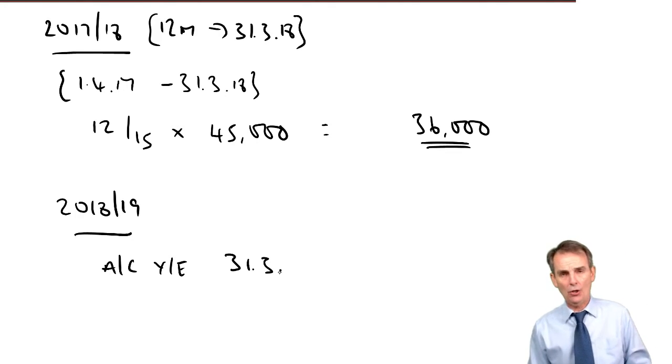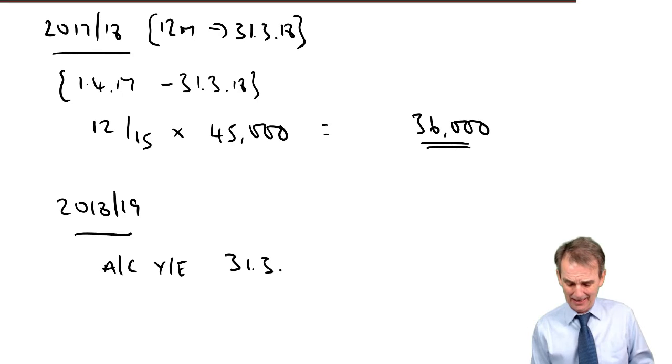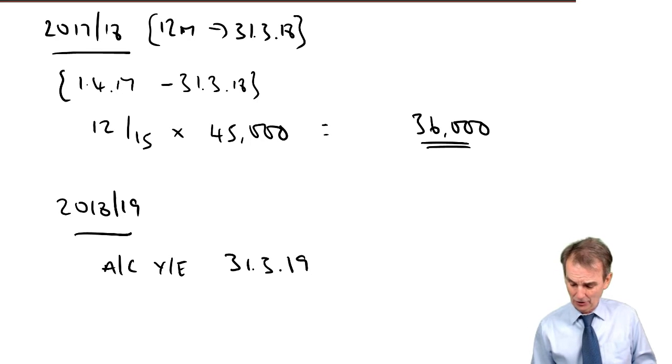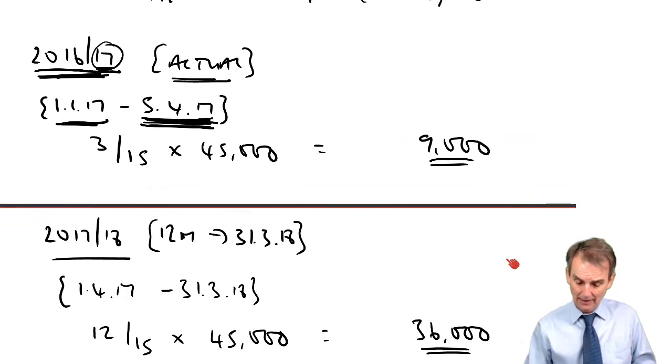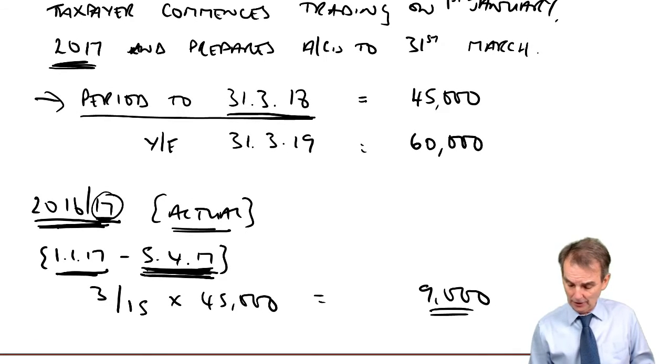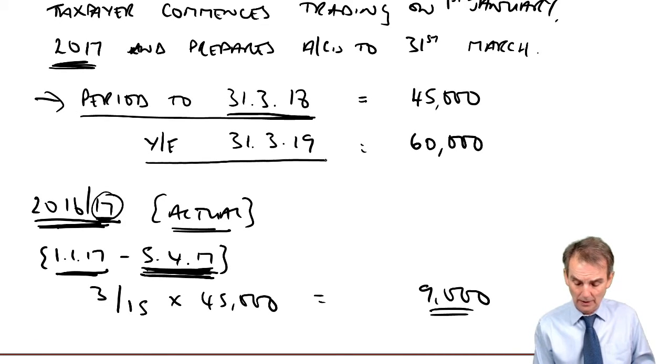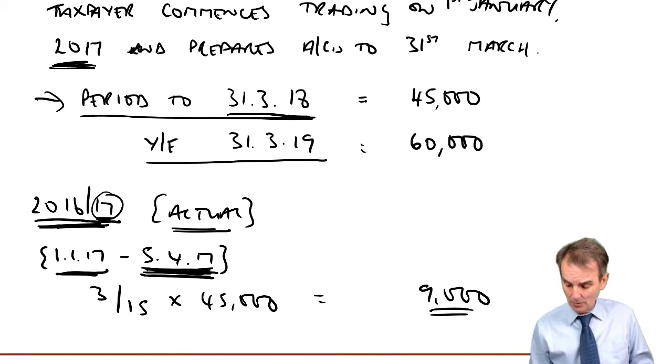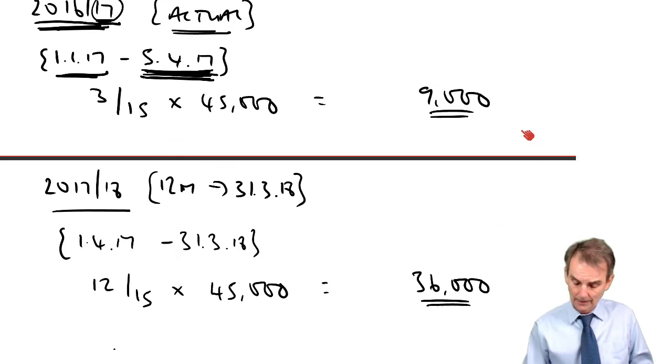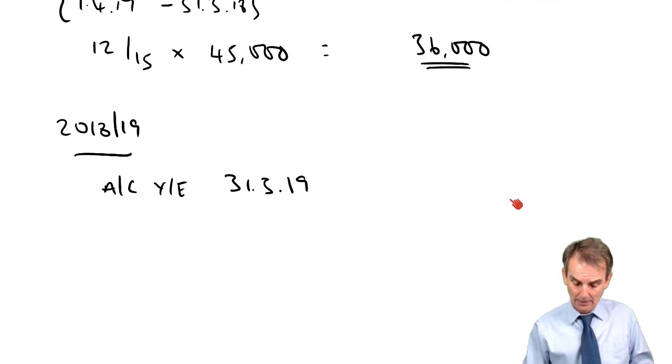Which 31st of March ends in the 18-19 tax year? 31st of March 19. Do we have a year ended 31st of March 19? Indeed we did.